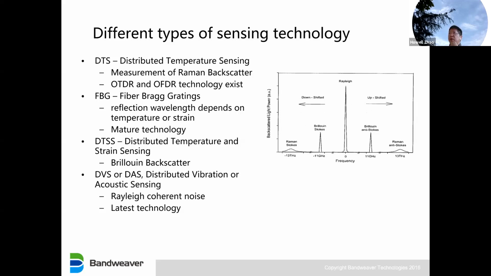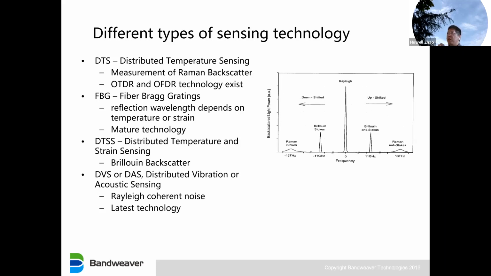Then in parallel, in the research area, people began to find what we call bad effects. That's mostly nonlinear optical effects. It means it can bring some noise from the environment, physically, such as temperature. We call it the Raman effect. It's a nonlinear effect. And there are also others like dispersion and blurring.